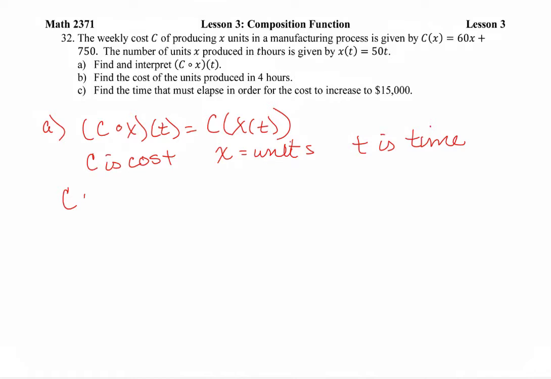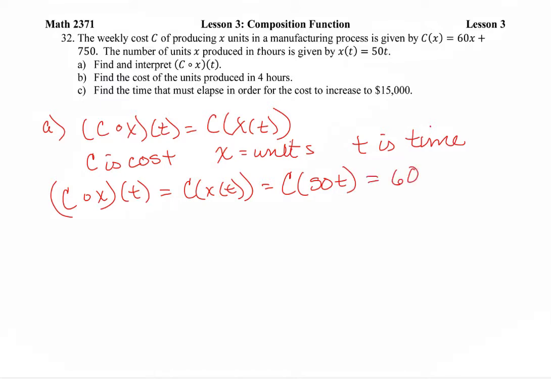So c of x of t equals c of 50t, which is 60 times 50t plus 750. So my cost in terms of time is 3,000t plus 750.